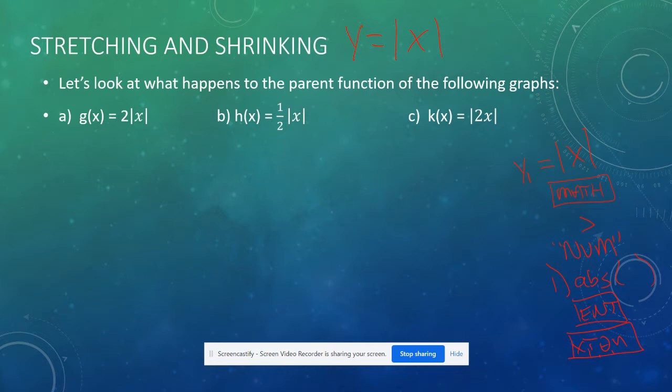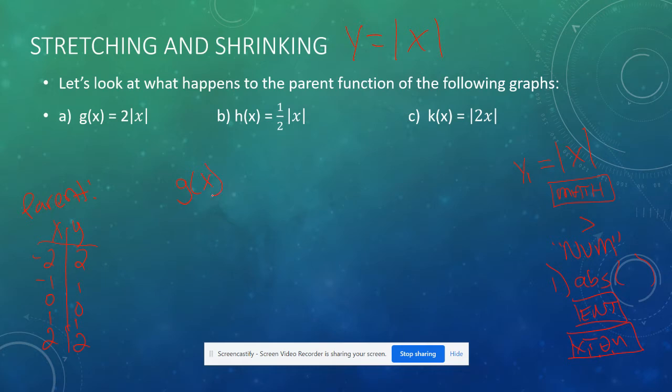I want to go ahead and take a look at our table from that. And our XY table would look like this. This is our parent. Now we want to go through and do that same thing, but this time we want to have 2 times x in there and take a look at our table.